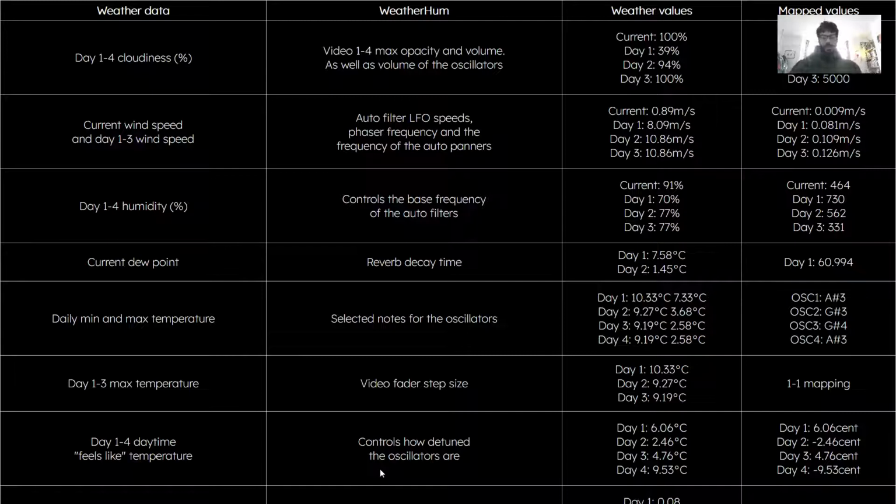Daily min and max temperature selects the notes that the 4 oscillators play. So each day you've got a max and a minimum temperature. The max temperature, as you can see, is 10 degrees Celsius, and then the min is 7.3 degrees Celsius today.